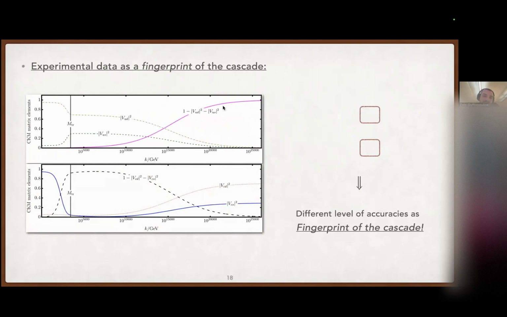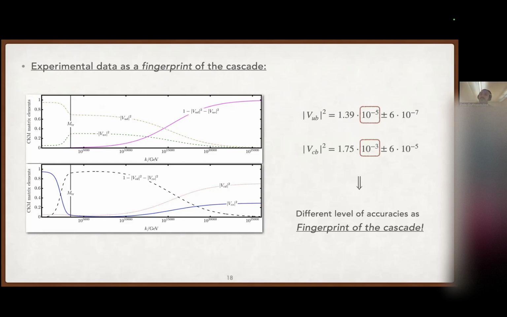you see here that one relation flows towards the experimental value that we would like to explain for way, way longer than the other relation. And this is actually reflected in the experimental data, because the VUB, which is the magenta, is equal to zero up to an accuracy of 10 to the minus 5, and VCB goes to zero up to 10 to the minus 3.